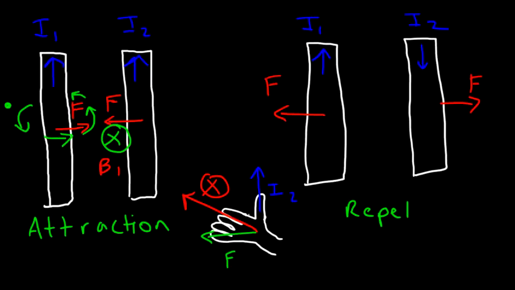And so anytime you have two wires with the current going in the same direction, it's going to create an attractive force. The two wires will be attracted to each other. If the current is in the opposite direction, then the two wires will repel each other. Now, how can we calculate the magnitude of the force between the two wires?